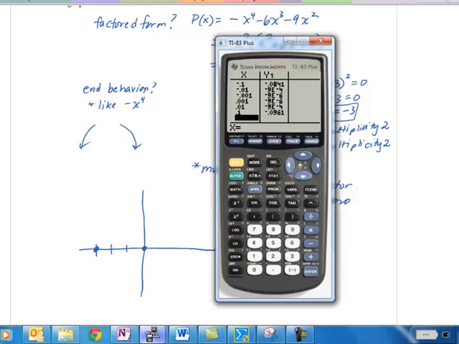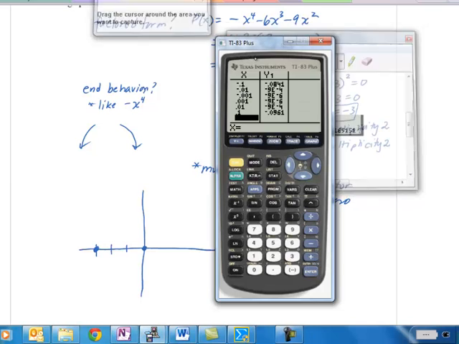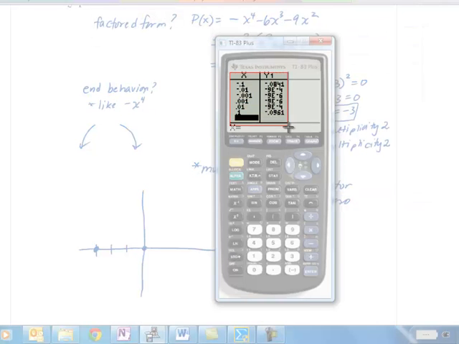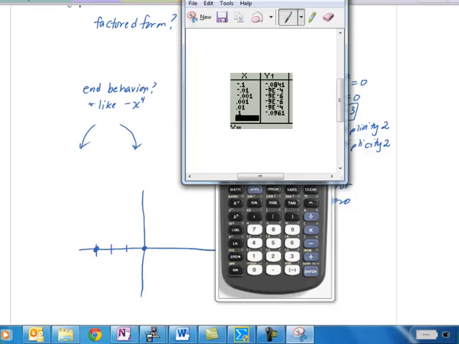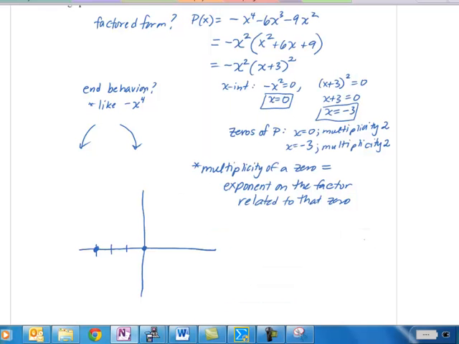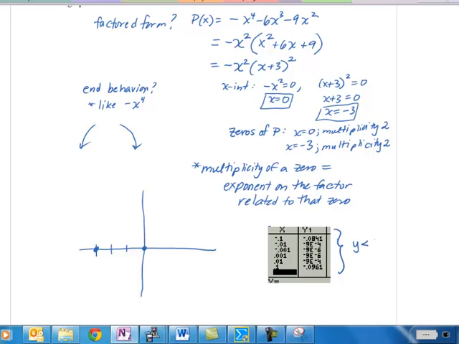I'll make a copy of this. So the y is less than 0 on both sides of x equals 0. So x equals 0 is an x-intercept, but the graph doesn't cross the x-axis there.